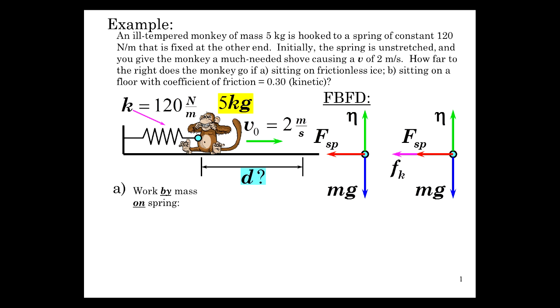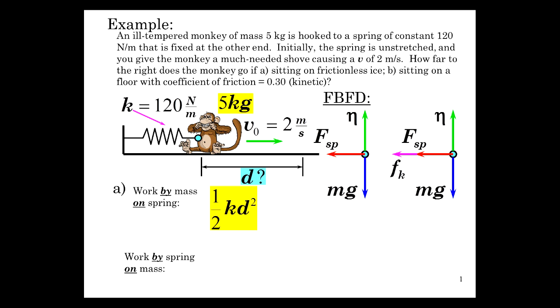So what is the work by mass on spring? Well, the force by the mass is to the right, and it's moved to the right. Therefore, they're both going in the same direction, so we have 1/2 kd squared. D is x in this case, the stretch of the spring. The direction of force and the motion are both in the same direction.